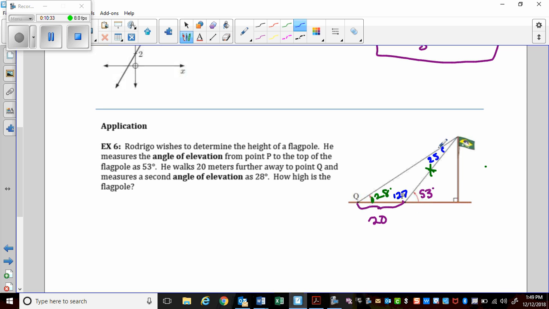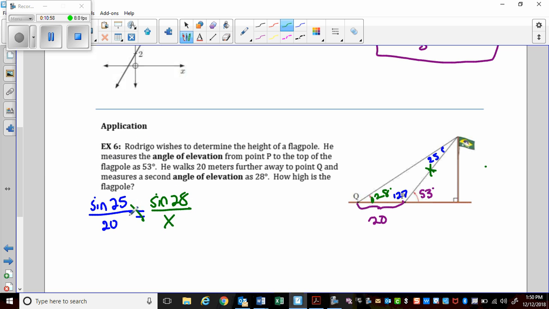Now I have my ratio. I know that it's sine of 25 over side 20 equals, we don't know x, that's what we want, so I have to use this angle and my opposite side x. So sine of 28 over my opposite side x.